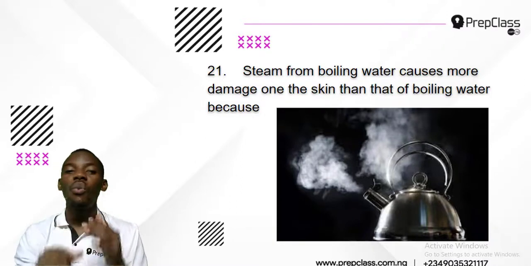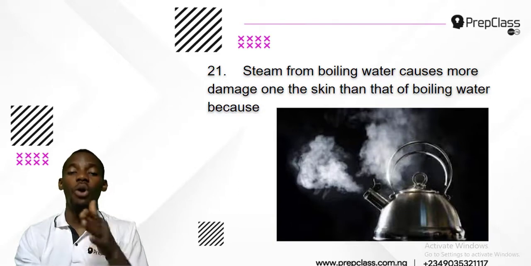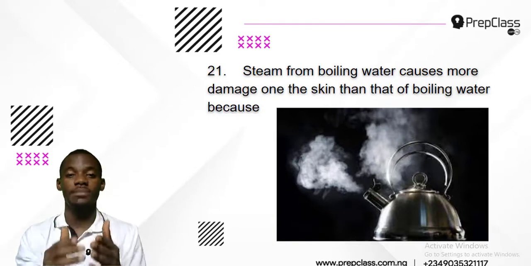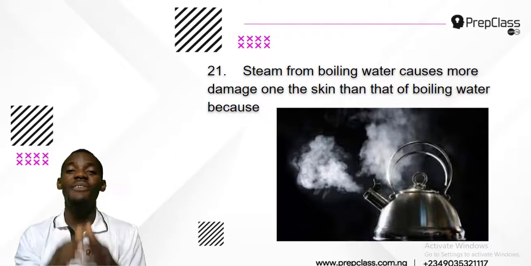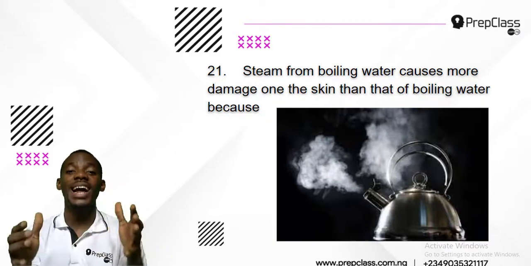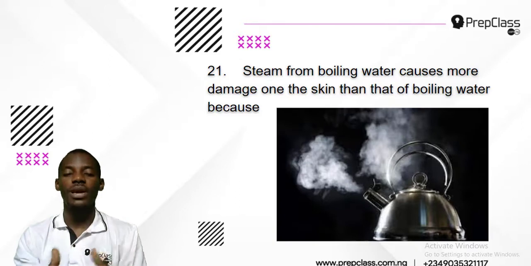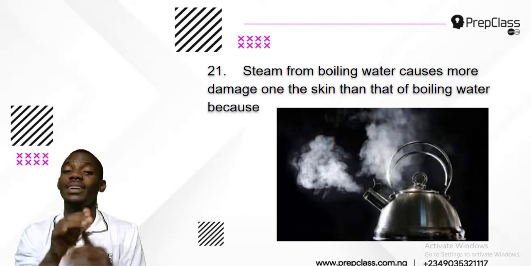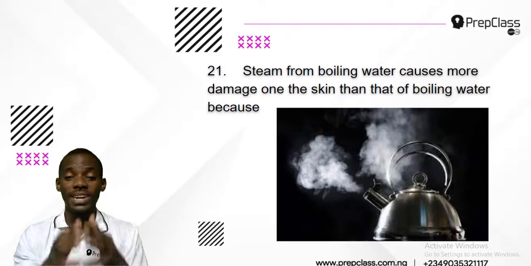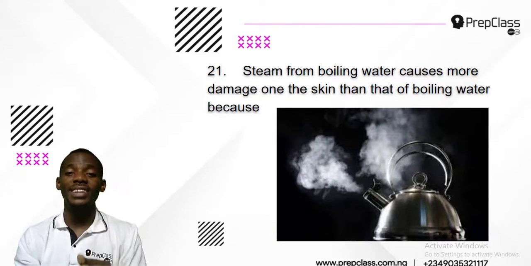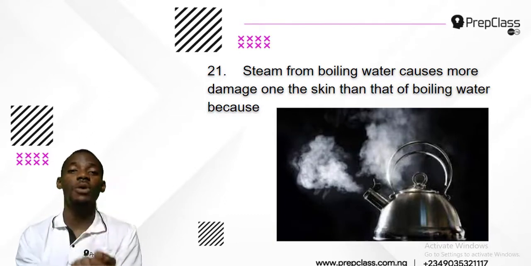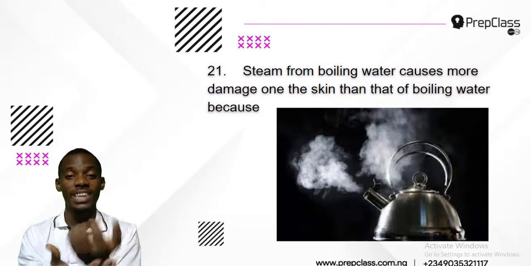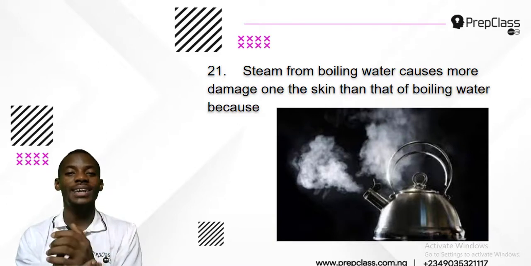So water is water because it is not hot enough, and that's why water is slower than steam, than gas. Gases are faster than water because they have more kinetic energy than liquid. And gases move faster, and that means that gases are hotter than liquid, and that's why the steam coming from the pot will burn your skin more than the water.